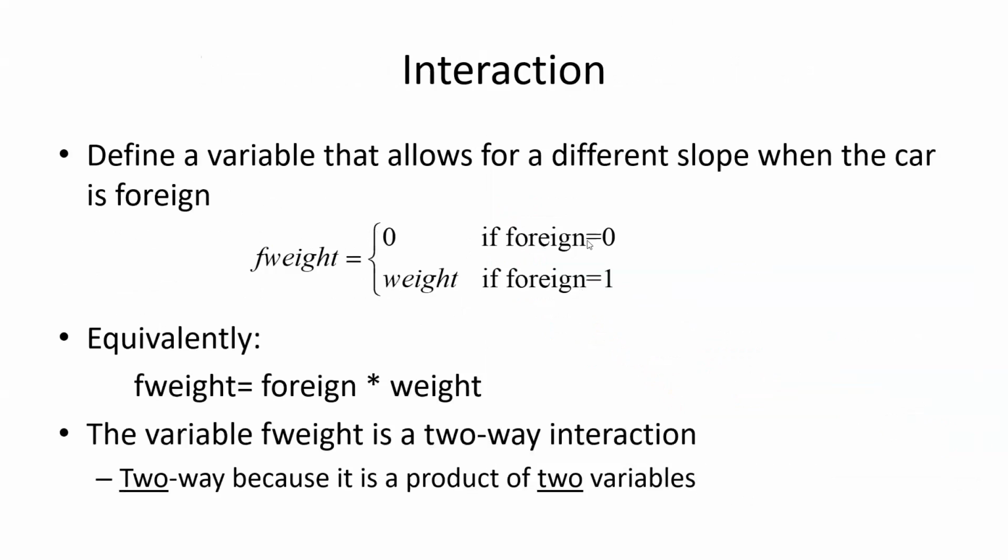This is the exact same thing as multiplying foreign times weight, the indicator of foreign times weight. Because if the indicator is 0, then the whole thing is 0. If the indicator is 1, then we get weight. So this is equivalent. We call this a two-way interaction because it's the product of two variables.